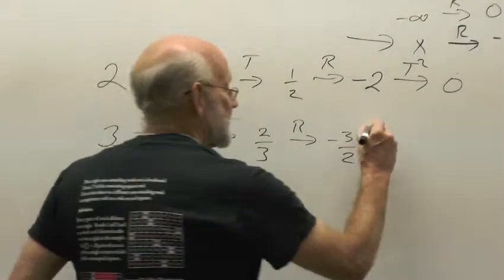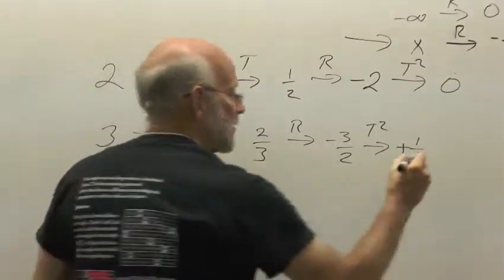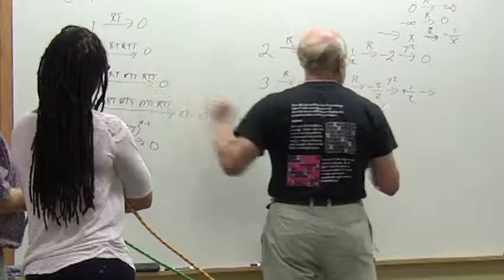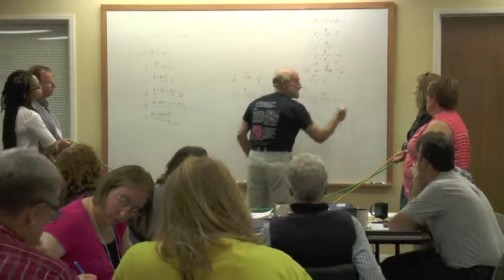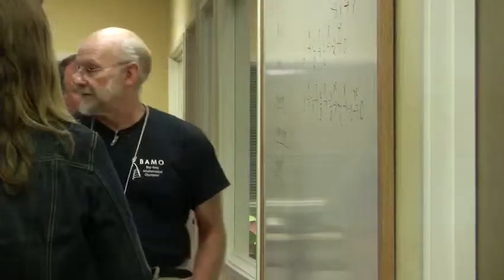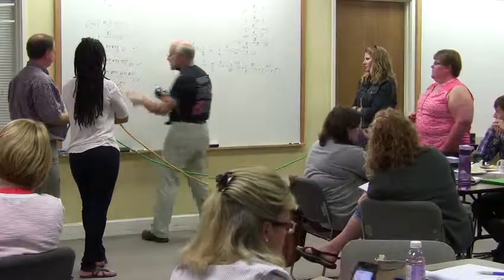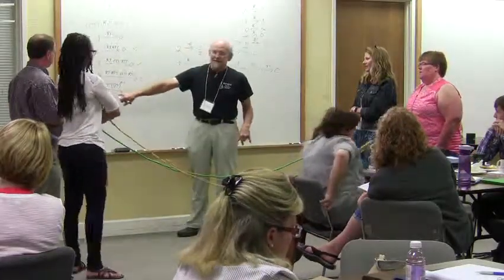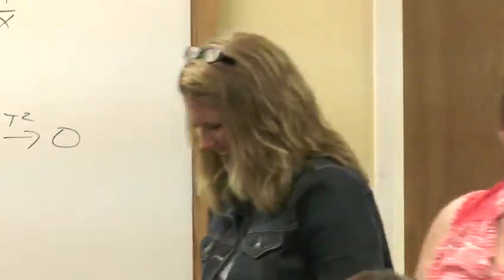Then another RTT. R goes to negative 2, and then the TT gets us back to 0. So the formula works here, the formula works here. Isn't that sort of neat? Do we dare try it with n? Let's. Okay, you guys can sit down.